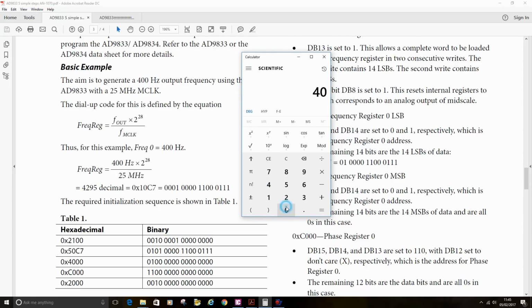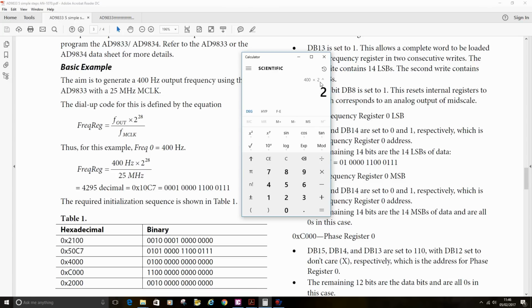So 400 Hertz multiplied by 2 to the power of 28. So multiplied by 2 times 2 times 2, 28 times. So 2 to the power of 28. Then you want this y over the x, so 2 to the power of, and see that symbol there? That's in your compiler, so you could actually get this equation and work it out in your compiler.